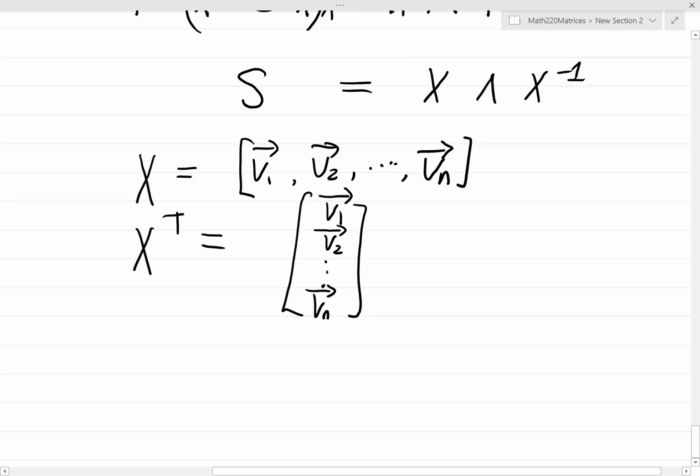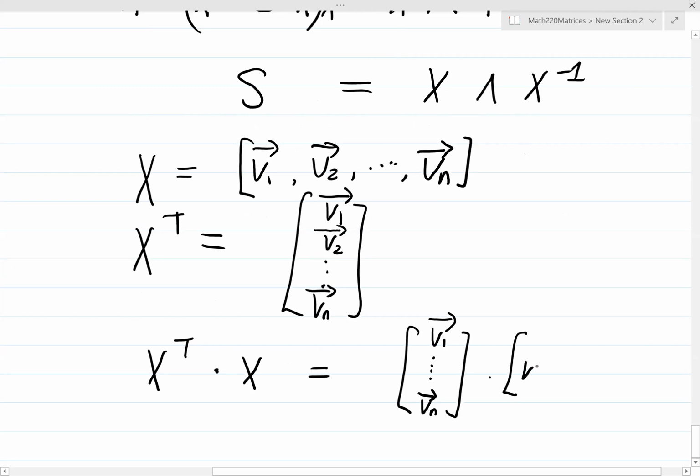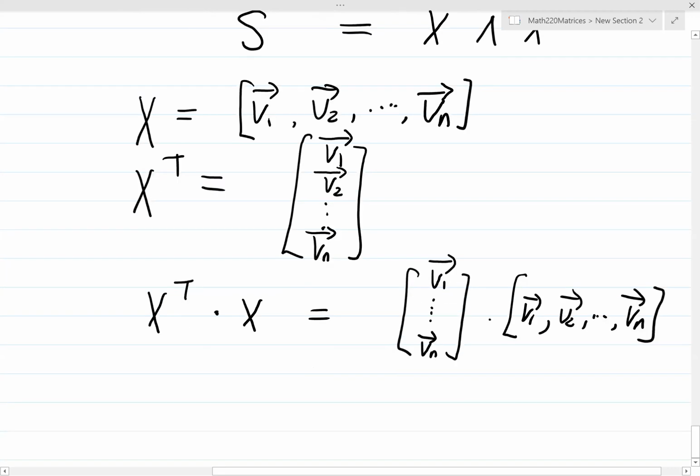Now we check X transpose times X. It's a row vector times a column vector. If you do this matrix multiplication, you see what the ij entry is. X transpose times X is a matrix.